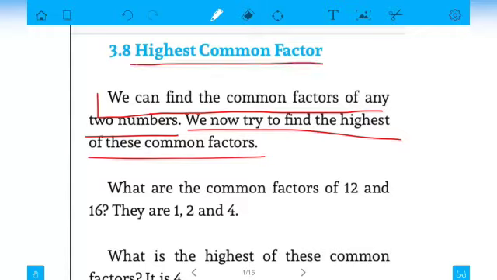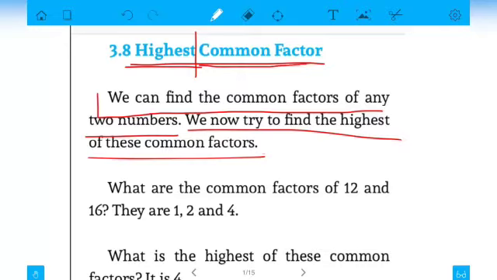As you all know, the word highest can also be called greatest. And common factor means the factor which is present in the factors of any given number.